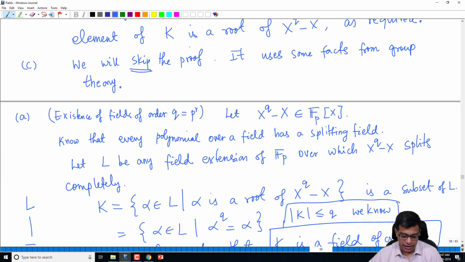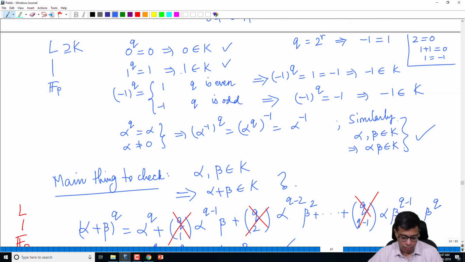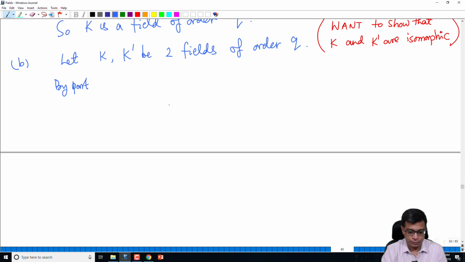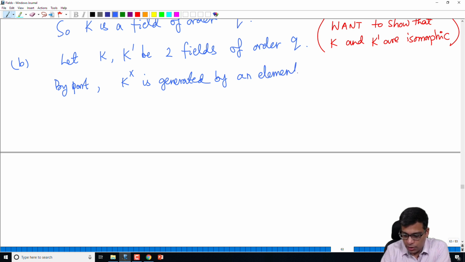Part C says that k cross, which is the multiplicative group of non-zero elements of k, is generated by a single element. Let's call that alpha. Right?